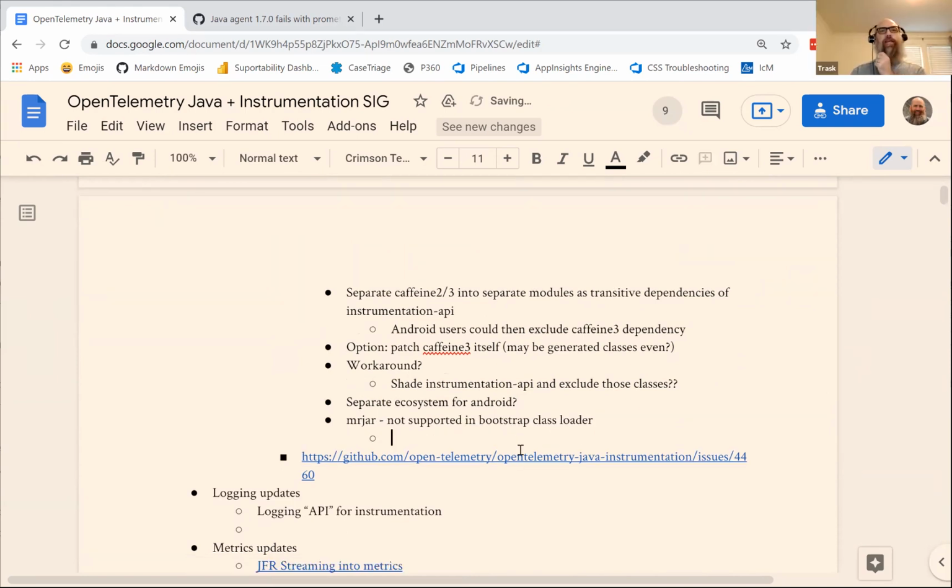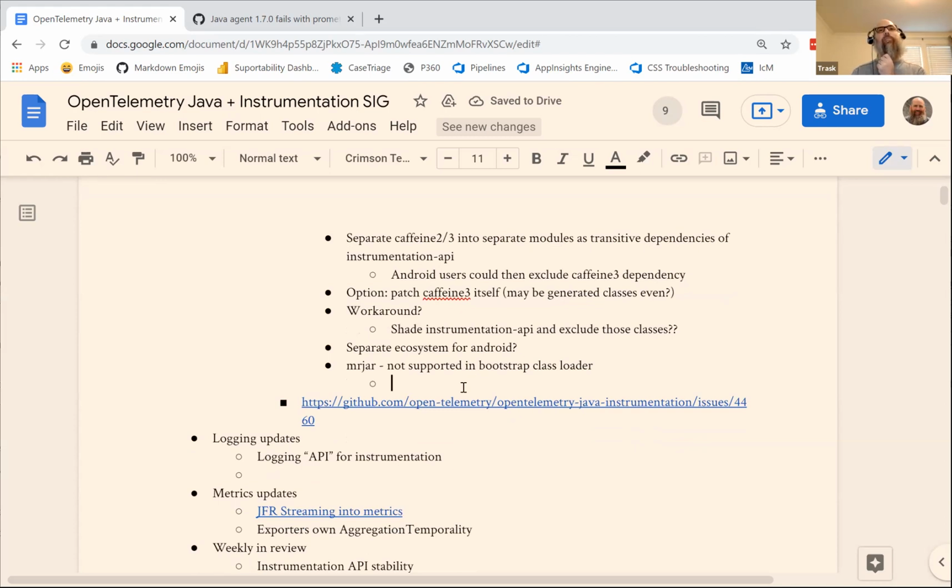But if that's the only problem with that approach, we have a lot more trickery that we could deal with in the agent, where we could put caffeine, pull caffeine in kind of the way it is currently. We could pull it in, shade it into the Bootstrap class loader and do some other things.